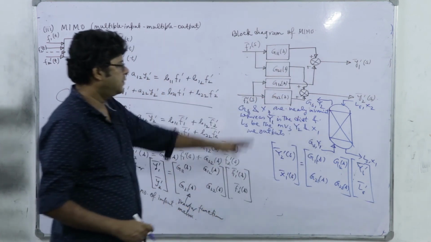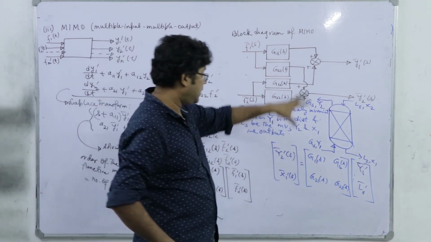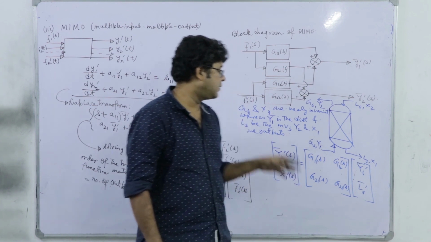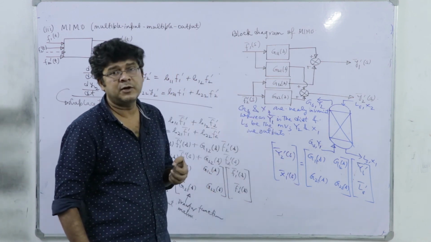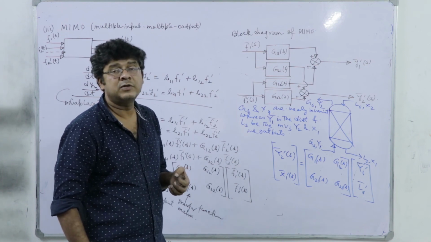So this gives you the input output model of the system, and with that we can actually design the controller. So that's all about the general discussion of the process control. In the next session we are going to start the discussion about the first order system.